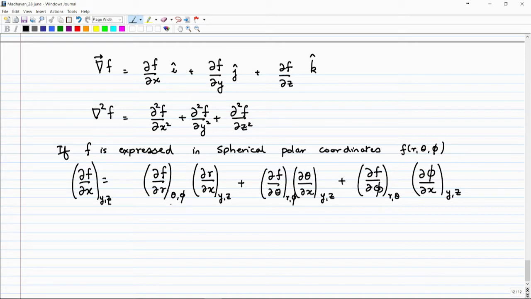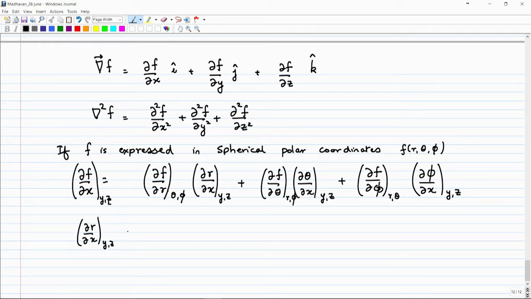I will not explicitly write these quantities that are constant, but you should remember that whenever you take derivative with respect to x, you are keeping y and z fixed. When you take a partial derivative with respect to r, you keep theta and phi fixed, and so on.